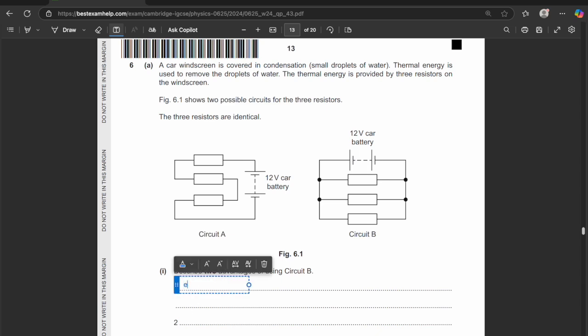Firstly, each resistor receives full voltage from the car battery, and if one of the resistors fails, the circuit will still work. You can just write the other 2 will still work.